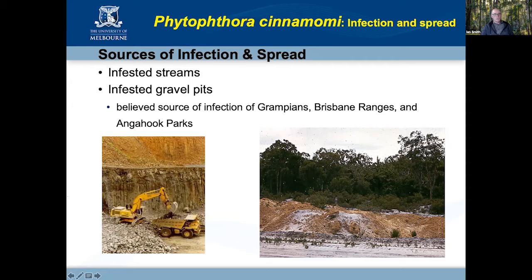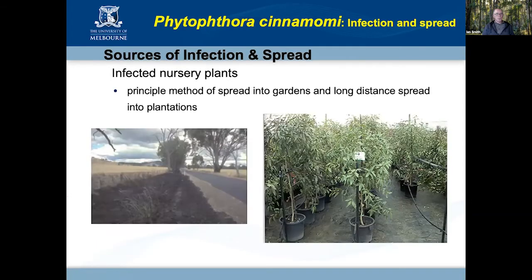It's believed this was a source of infection in the Grampians, the Brisbane Ranges, and Anglesea Parks, because what you saw was that those advancing fronts were coming from the sites where they had just put fresh gravel on the roads. They didn't know at the time. We're talking about the 60s and the early 70s, so often they didn't know that that was the source of the infection.